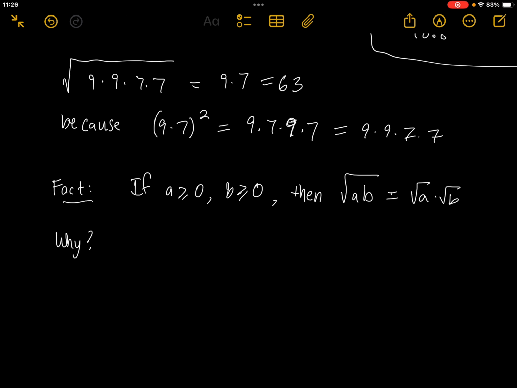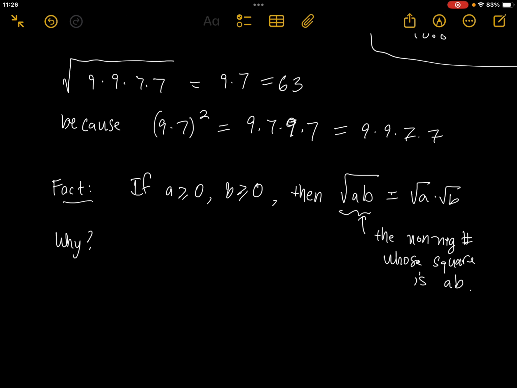Remember, when you're looking at the square root of ab, this is a number, and this number is the answer to the question: what is the non-negative number whose square is ab? That's what that symbol means.